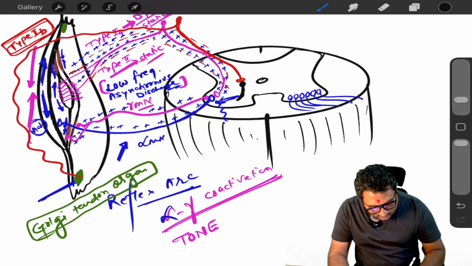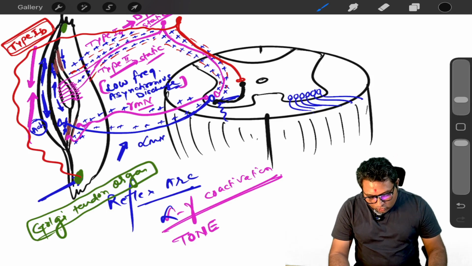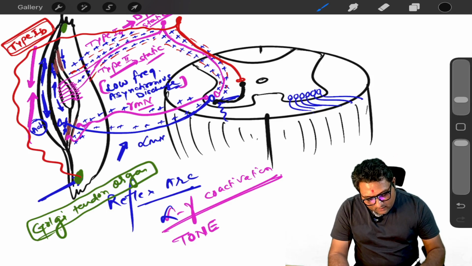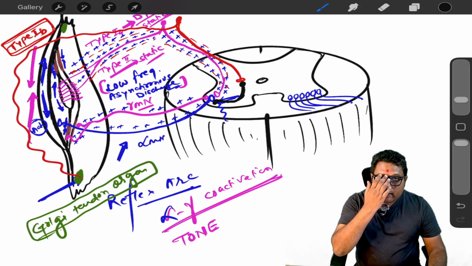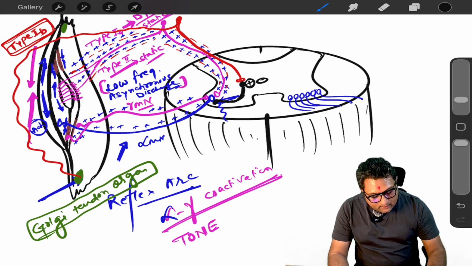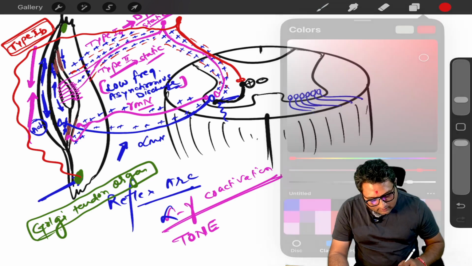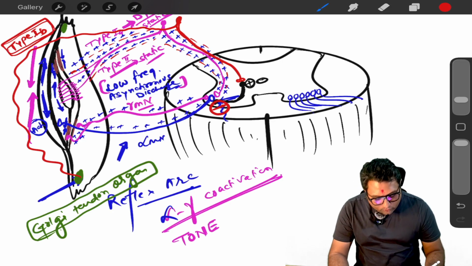And these inhibitory interneurons synapse with alpha motor neurons.